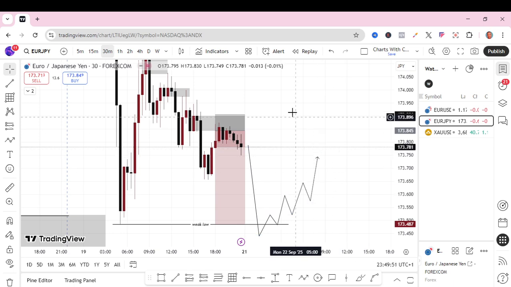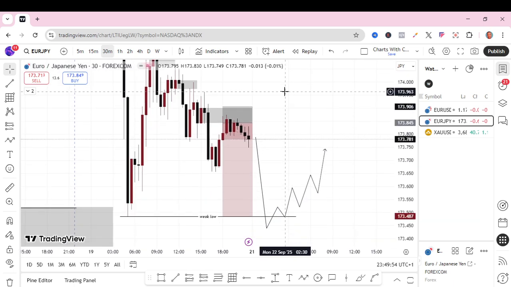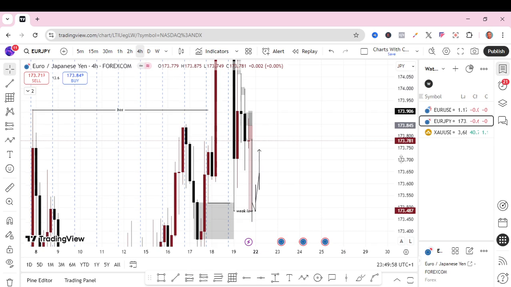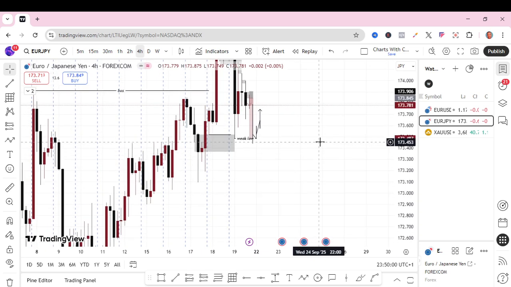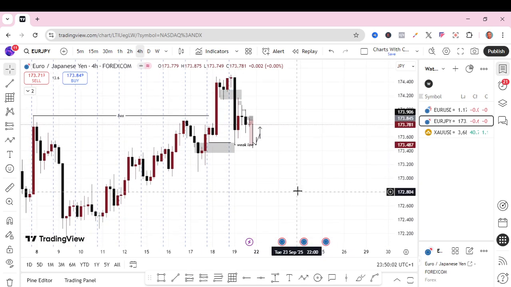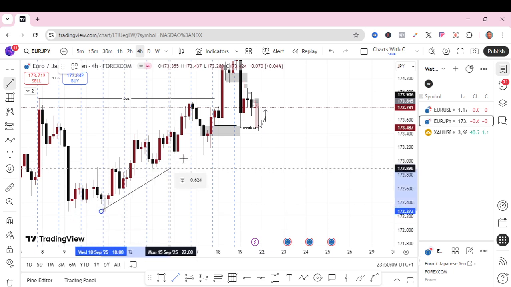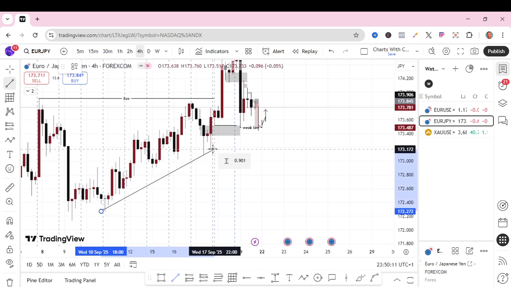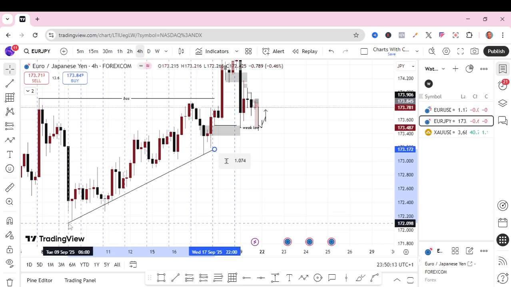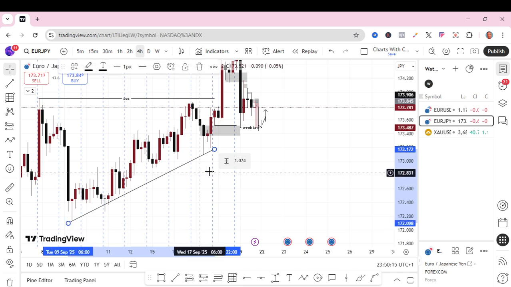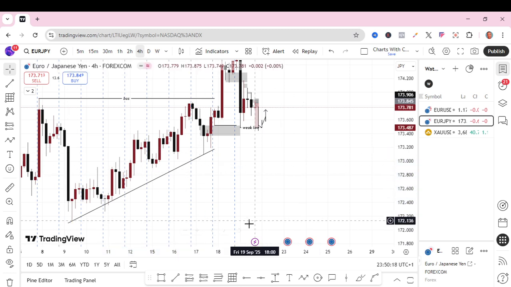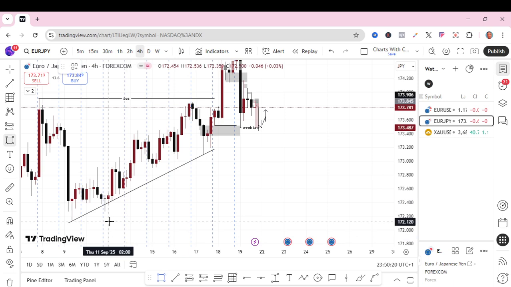But if I don't see any of these, then I'll keep selling, because last week price basically formed liquidity. If you look closely, this is a trend line liquidity here. The market formed a trend line liquidity. Everything on this line has been mitigated.